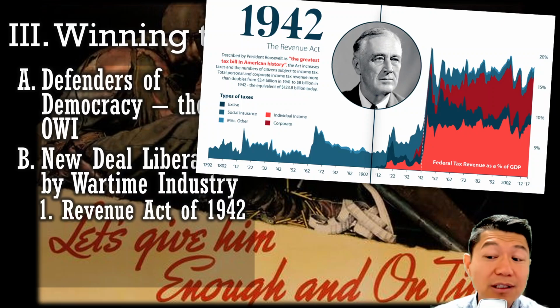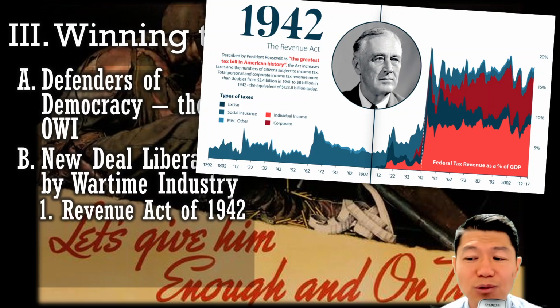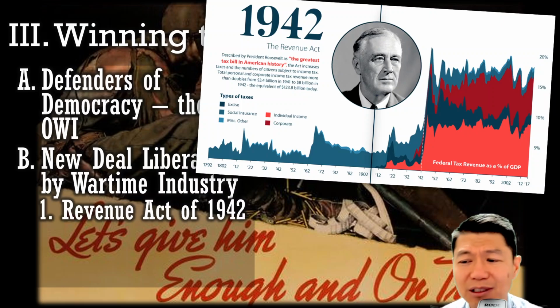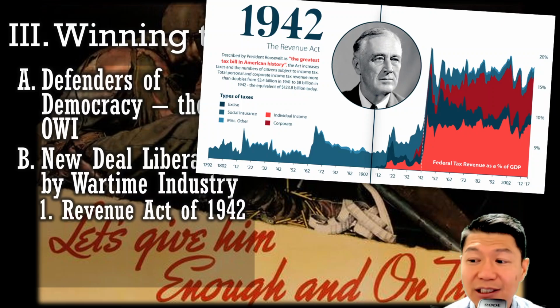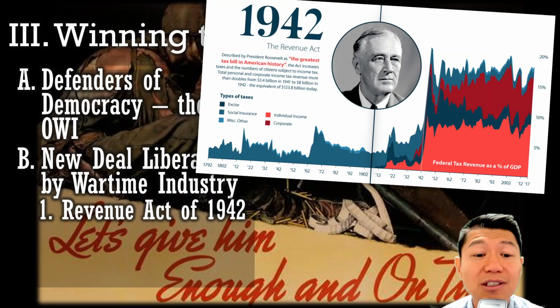It also did a number of things in regards to stabilizing prices and rents that wartime profiteering usually produces. Oftentimes when war happens, people are going to hoard items and goods, and there's a lot of speculation in regards to prices. And so it ensured that there would be price limits.